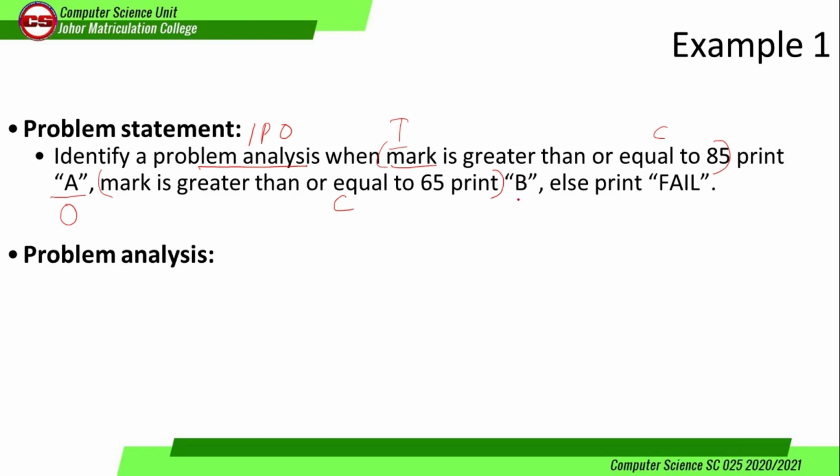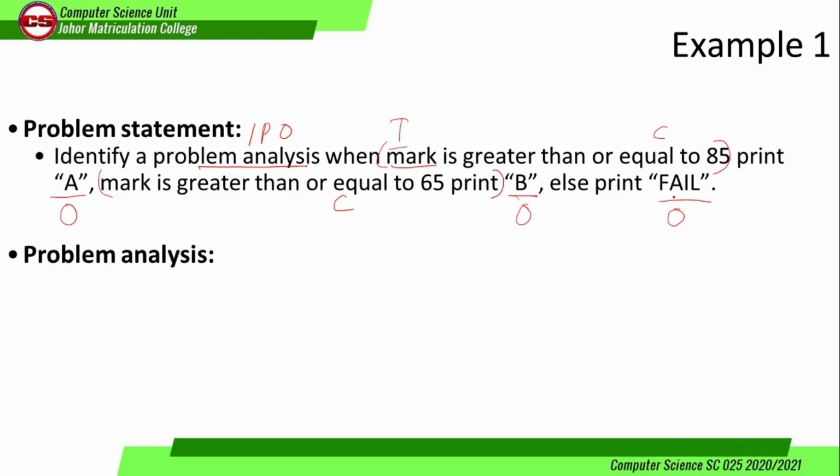So print B is another output. Else means otherwise, not fulfilling condition number one or number two, so print fail. Fail is another output here.